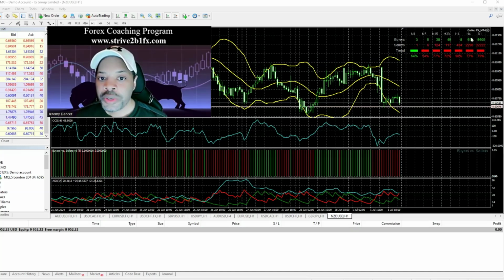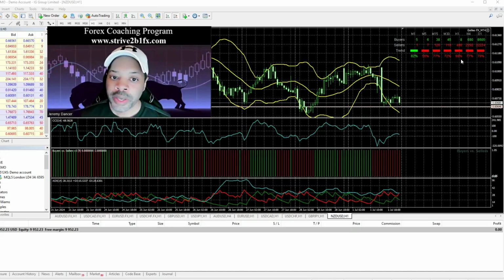Now, what we will notice is every time you place a trade, you want to know who is in control. In this case, the sellers are clearly in control here. All right. However, there's other factors to consider when trading. Just because the sellers are in control doesn't mean there might not be a retracement or a pullback.